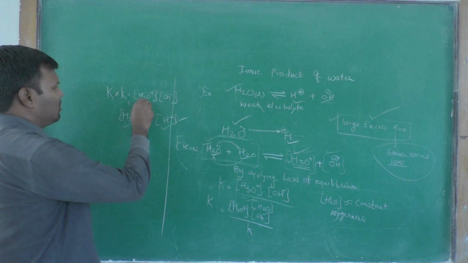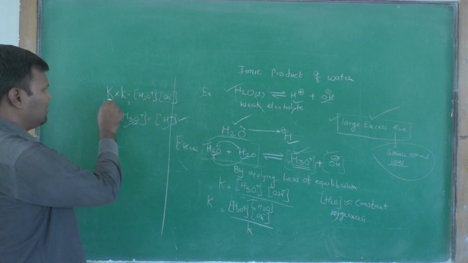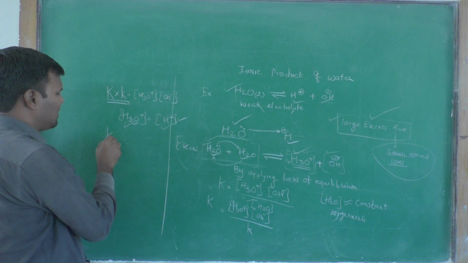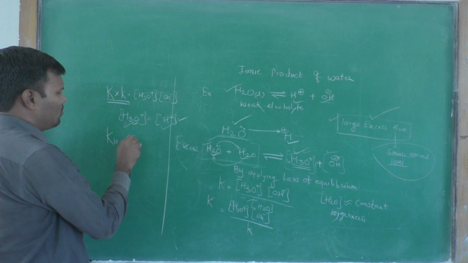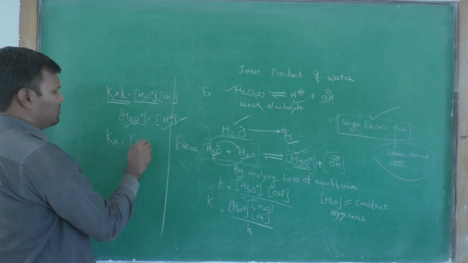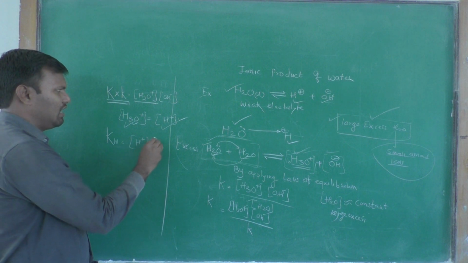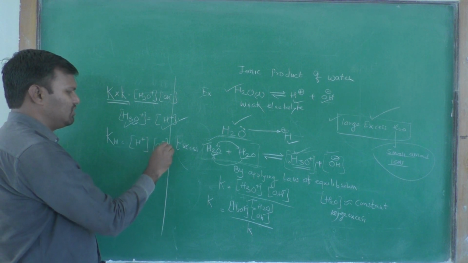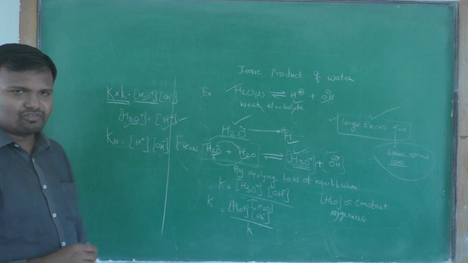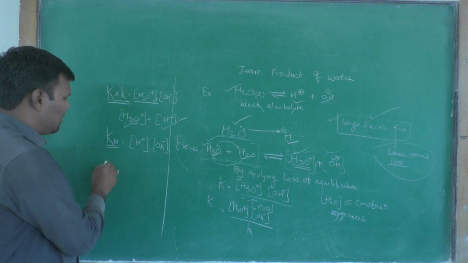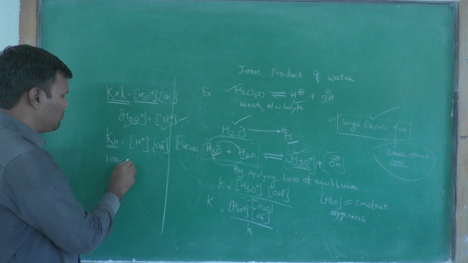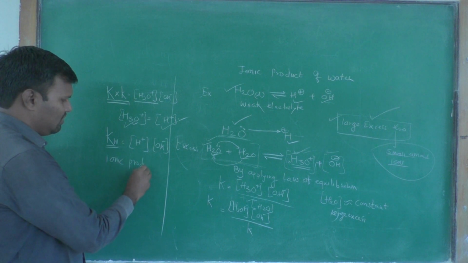Therefore, we can replace H3O plus by H plus. And this K into k we consider as Kw, equal to H plus times OH minus. This term is called the ionic product of water.